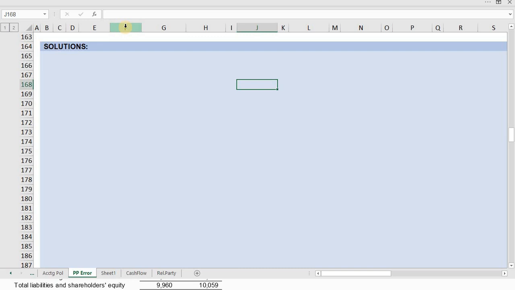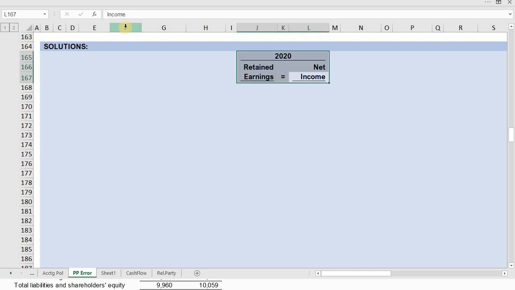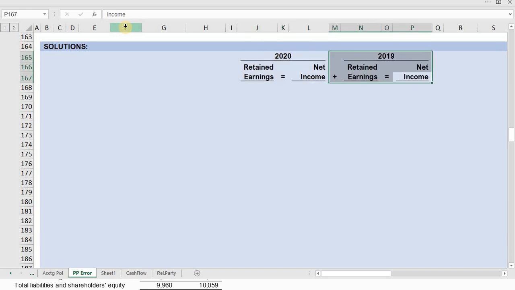Since the errors are both counterbalancing and non-counterbalancing errors, it involves misstatements on both real and nominal accounts. And since nominal accounts are affected, we are going to analyze the effects of the errors on net income and retained earnings. So the years that we are going to analyze include the current year, 2020, and 2019.